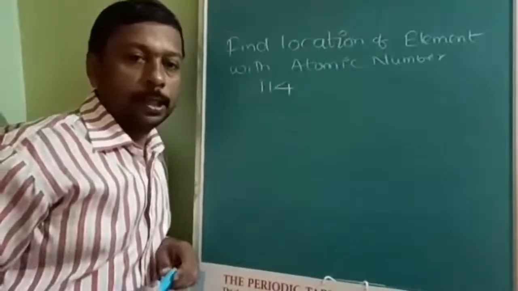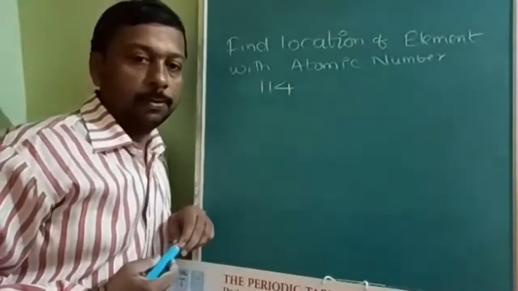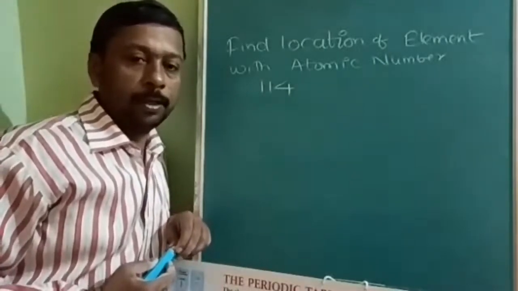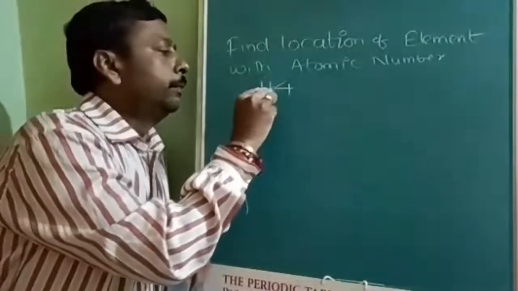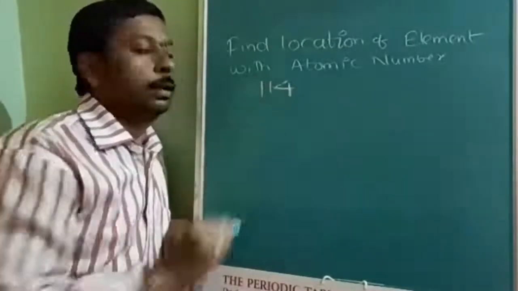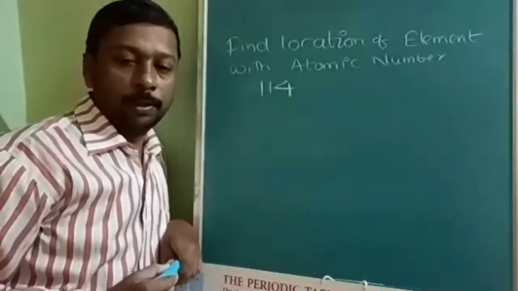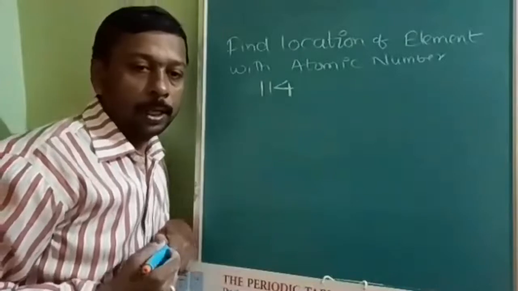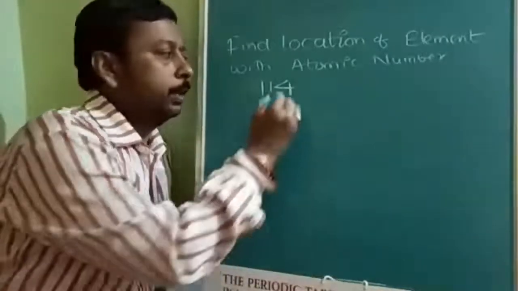So I will take some more examples so that clarity should be there. If questions are like huge numbers, like 114, what is the location of the element with atomic number 114? Is it possible for you people to write the electronic configuration in the exam? I don't think so.